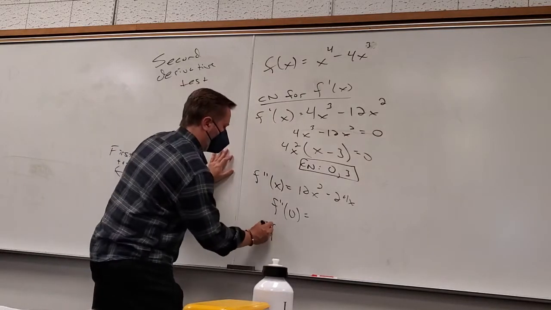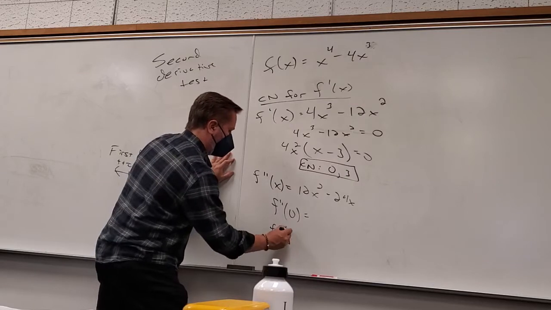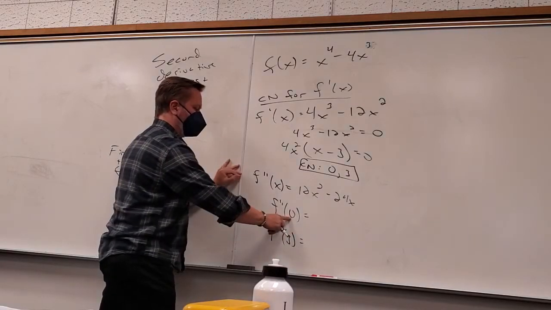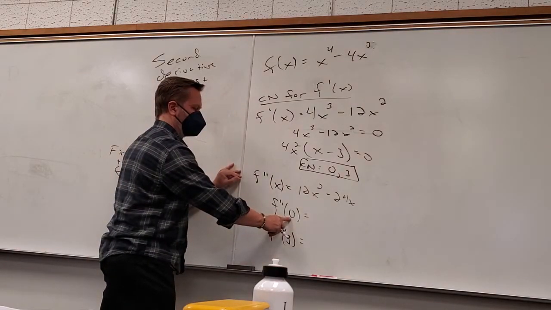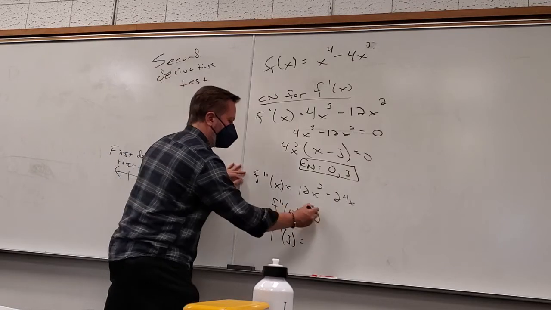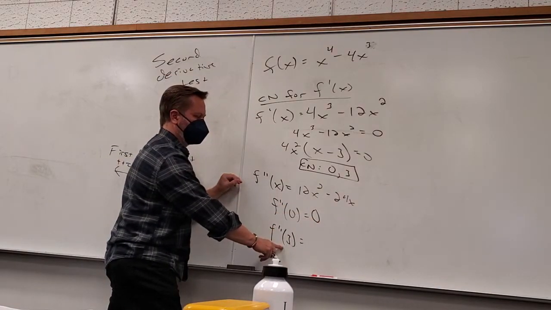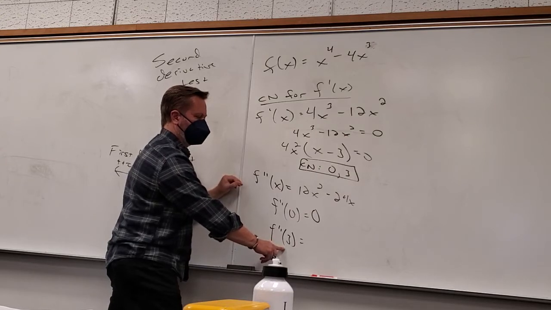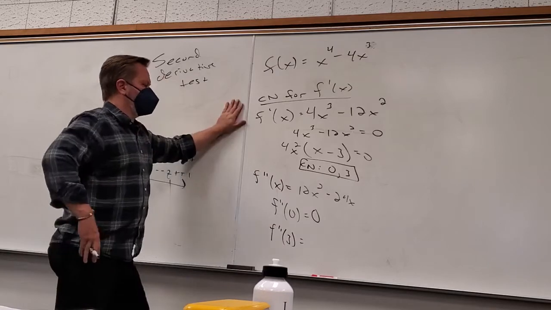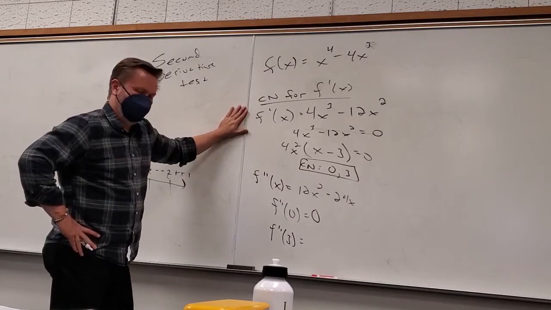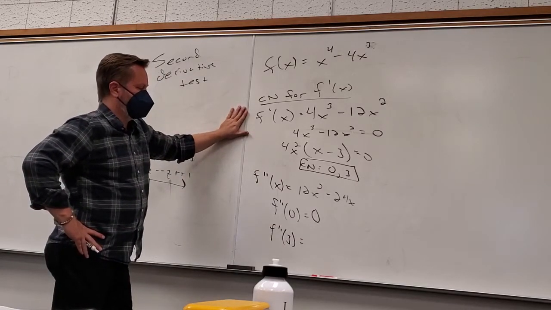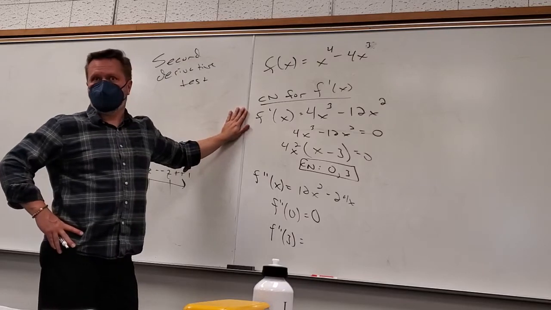Let's plug 0 in. What is f double prime of 0? 0, we'll talk about that in a minute. What is f double prime of 3? That would have sucked. 36. 108 minus 72, 36, yeah.